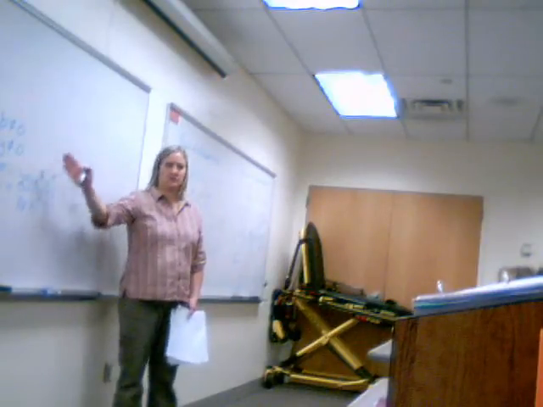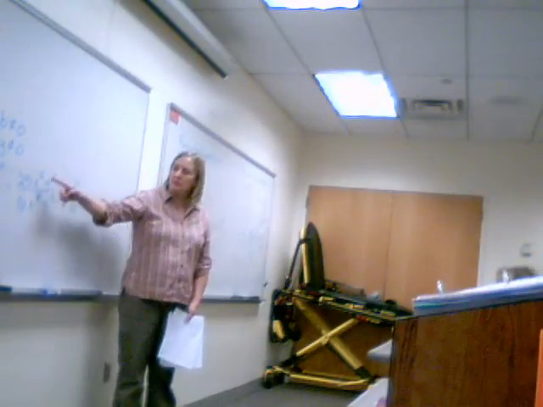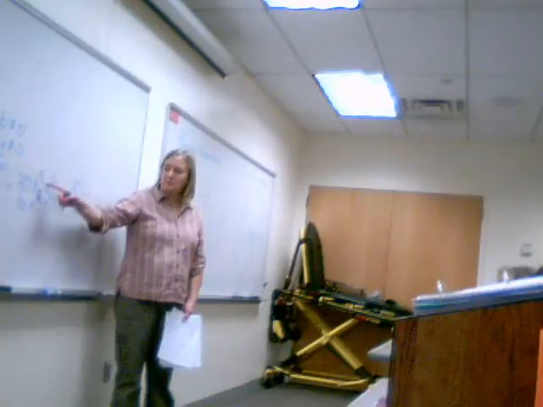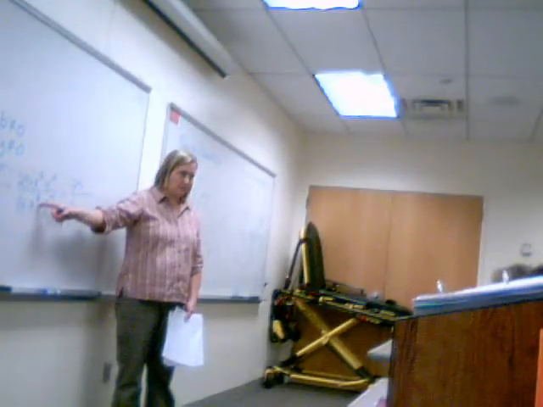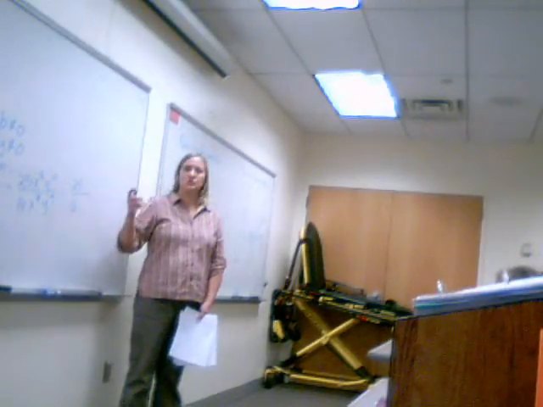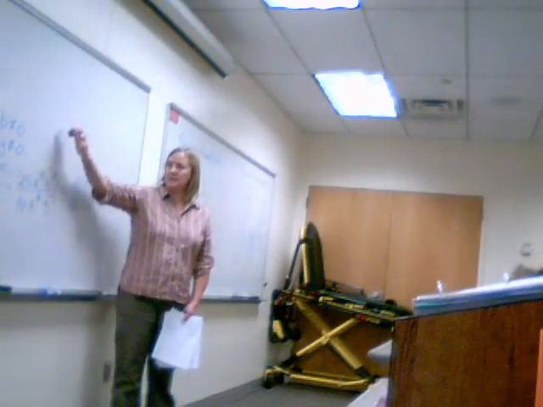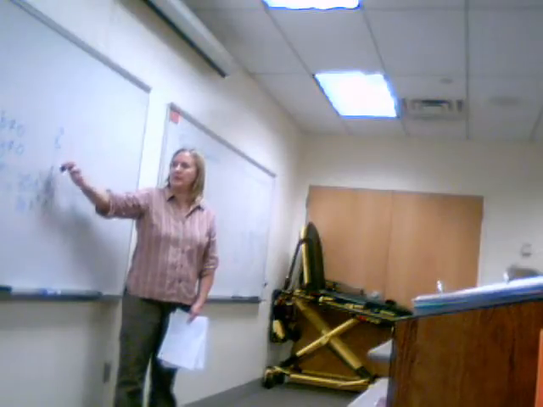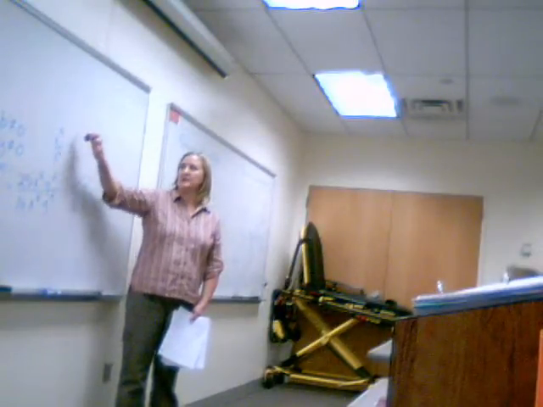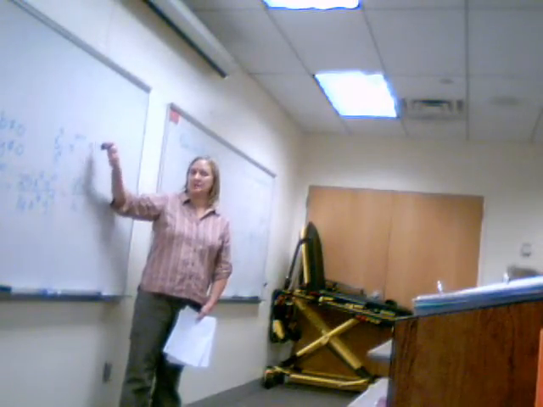Let's look at the x's. Just take these one at a time. Remember I taught you to divide exponents, you do what to the exponents? Subtract. So this is x squared, because I'm taking x to the 8th divided by x to the 6th. So it's x, 8 minus 6, which is x squared.